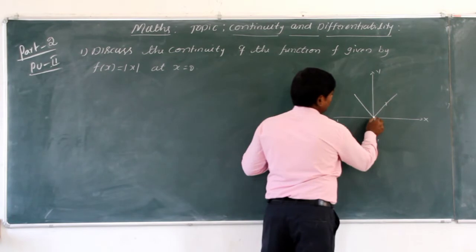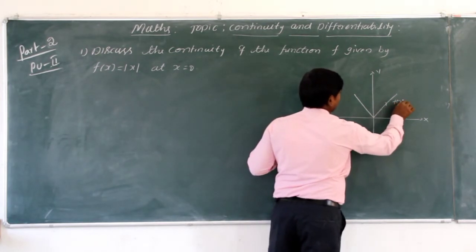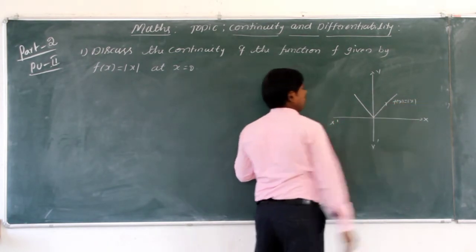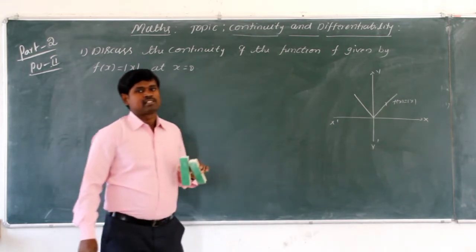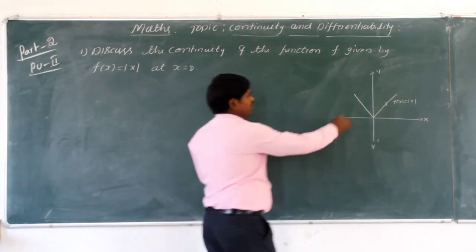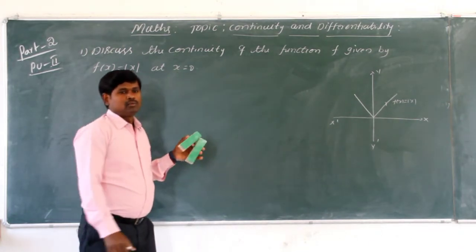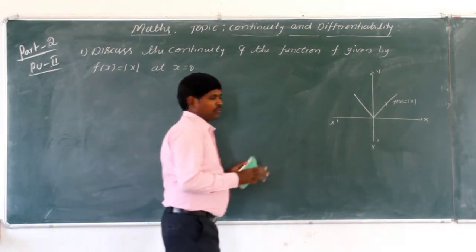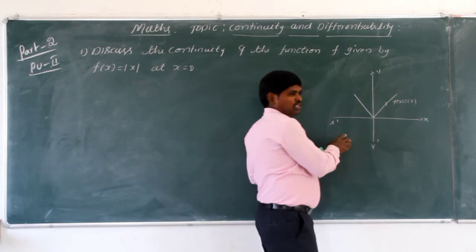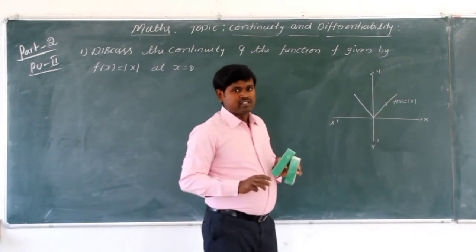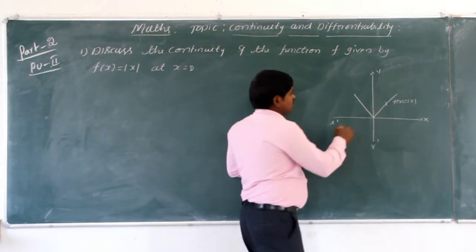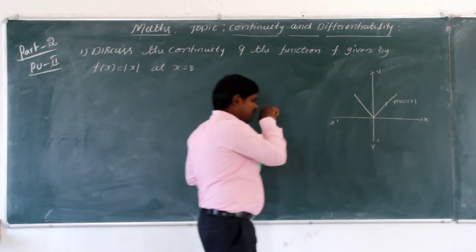Generally, functions whose graph can be drawn without lifting the pen or chalk are continuous. So what about at this point?